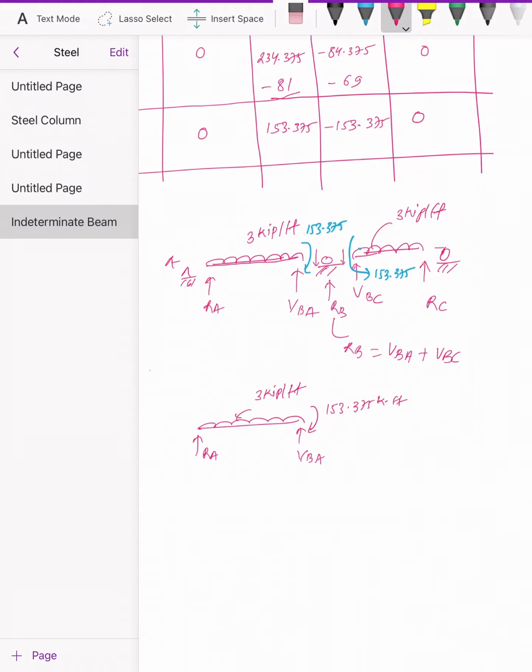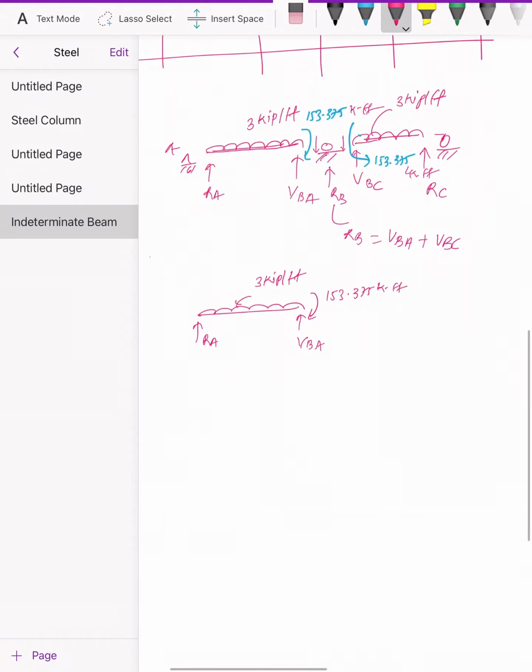Let me give a unit to this moment. We will do the summation of moment at A equals 0, clockwise. This point is A, a little right of support A. We take this section and try to find the internal forces.